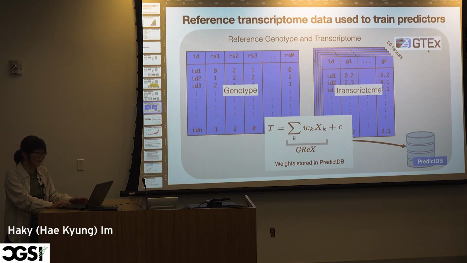So in GTEx, you have same idea, genotype. So this is about 1,000, maximum 1,000 individuals. These are organ donors that consented their organs to be extracted, and in addition to their organs, about 54 different sites of their bodies were extracted at the time of organ collection, and they were genotyped and then RNA-seq.